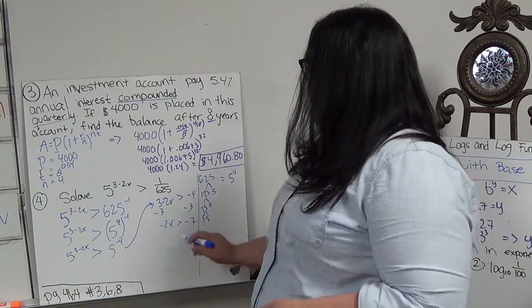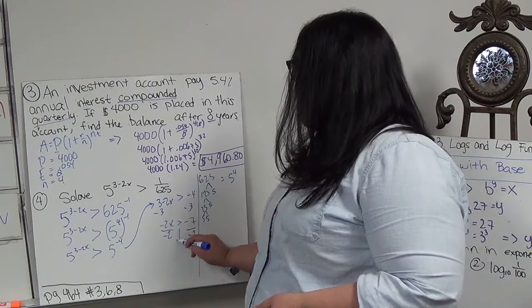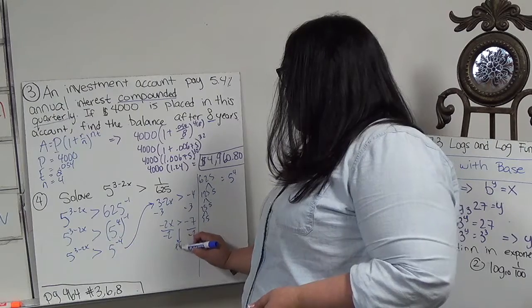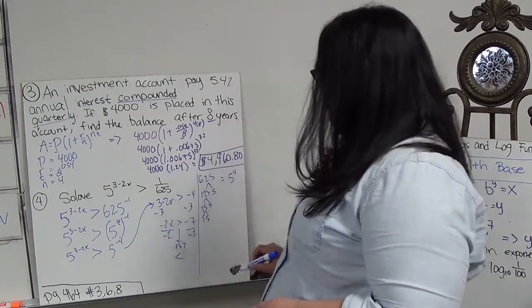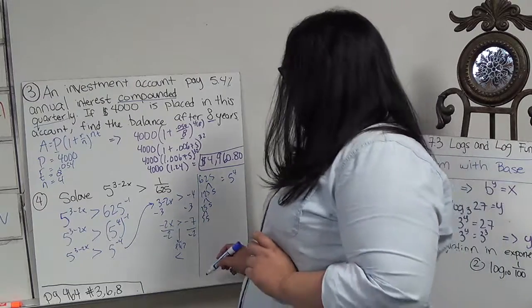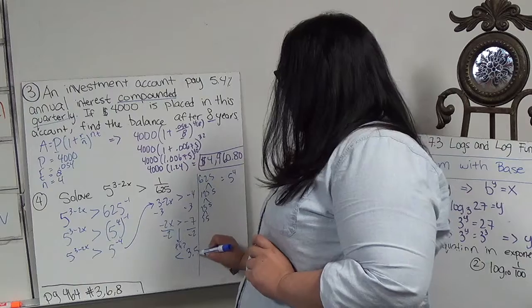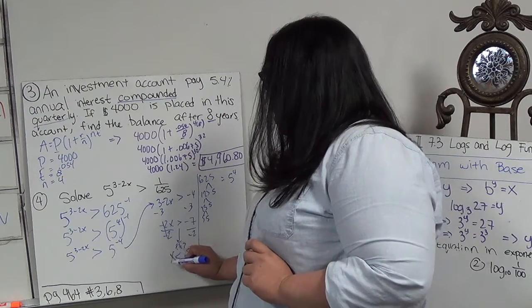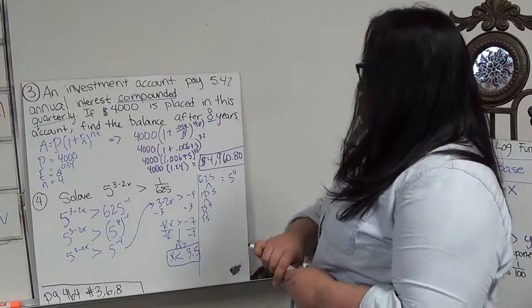And then I'm going to divide by negative 2. Because I'm dividing by negative 2, I'm going to flip this sign. This is going to be 3.5, right? Yes, positive 3.5, and this cancels out to x. So x is less than positive 3.5.